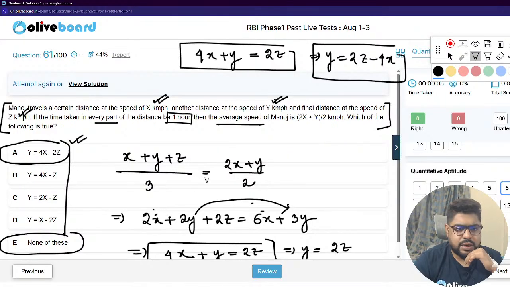Just a second. Have we made any error? Which of the following is true? x plus y plus z. Two x, two y, two z.